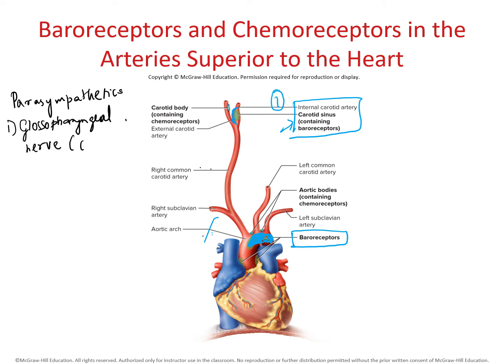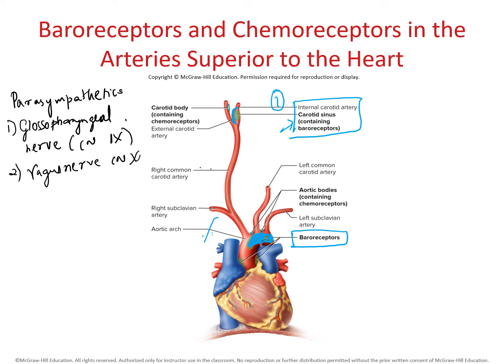Glossopharyngeal nerve is cranial nerve number 9, and the other nerve that has a parasympathetic role is the vagus nerve. Vagus nerve is cranial nerve 10.